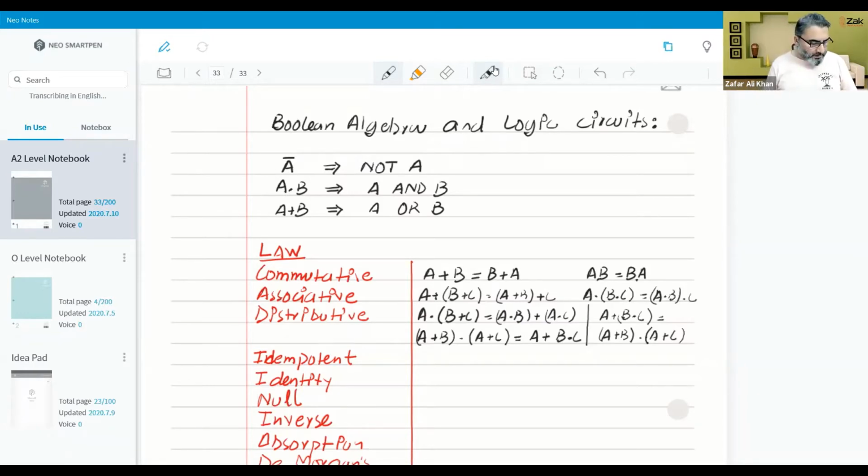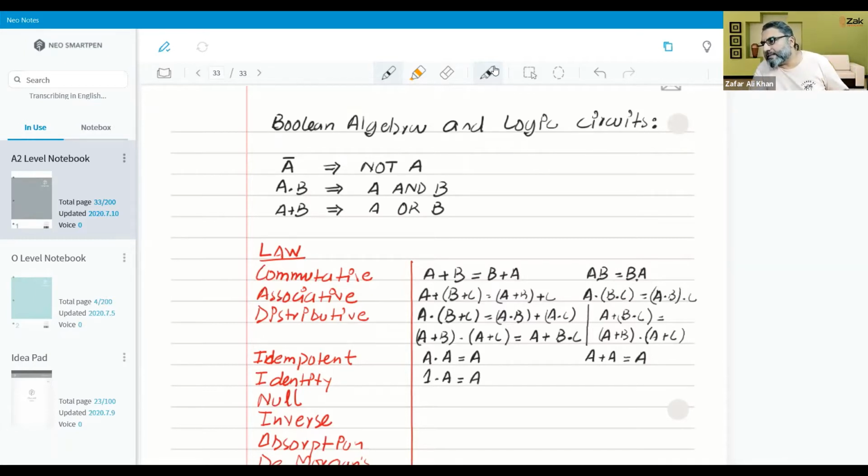And then idempotent law says that A into A, no matter how many times, is equivalent to A. Similarly, A plus A plus A plus A are equivalent to A. And then identity law says that 1 into A is equal to A. It is very simple.